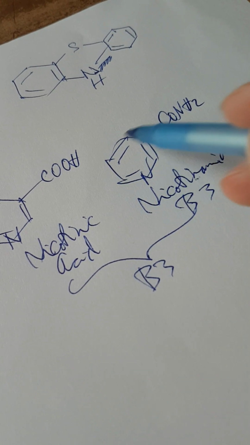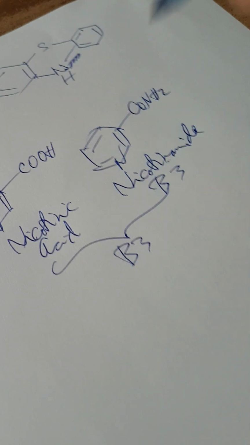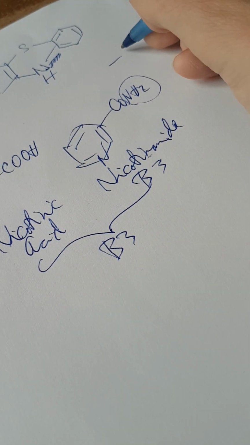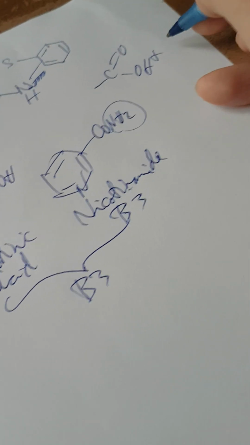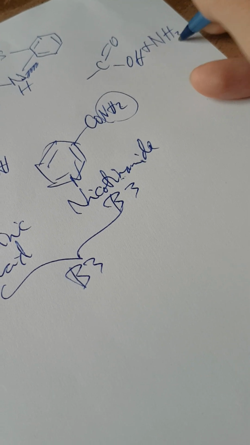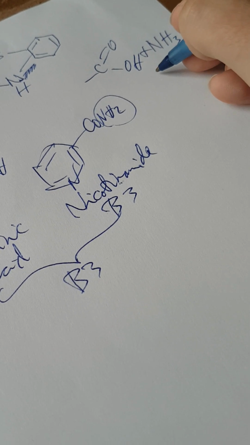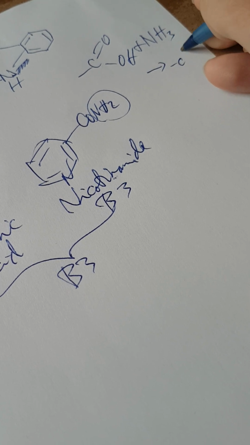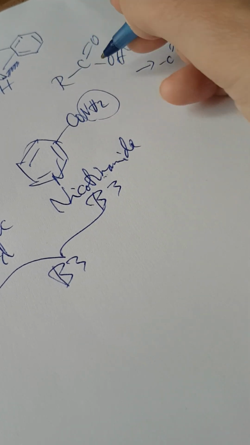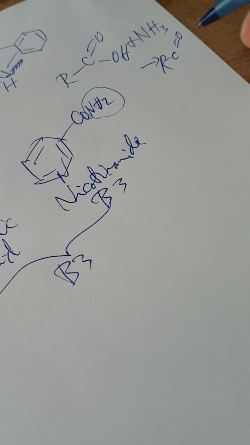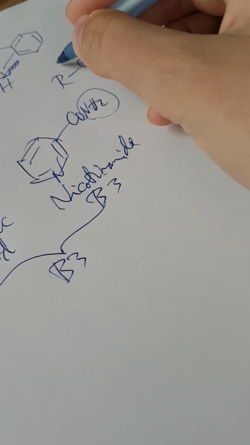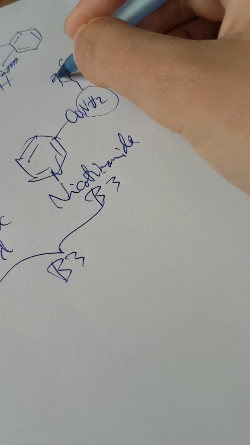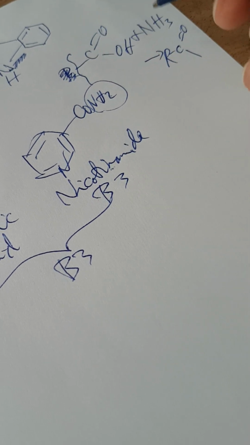The amide form is when the COO group plus, let's say, ammonia becomes CO, and this is a radical, or is a radical always. You can also write it like that if you don't like that kind of notation.